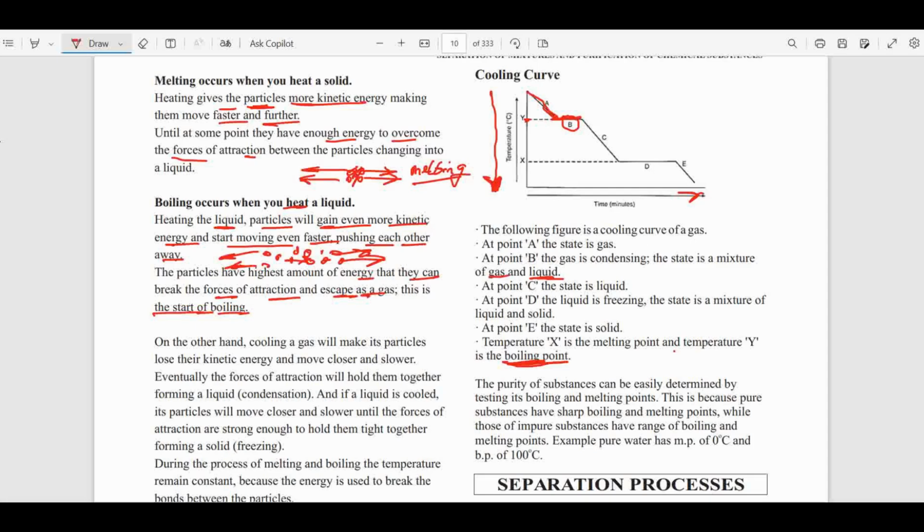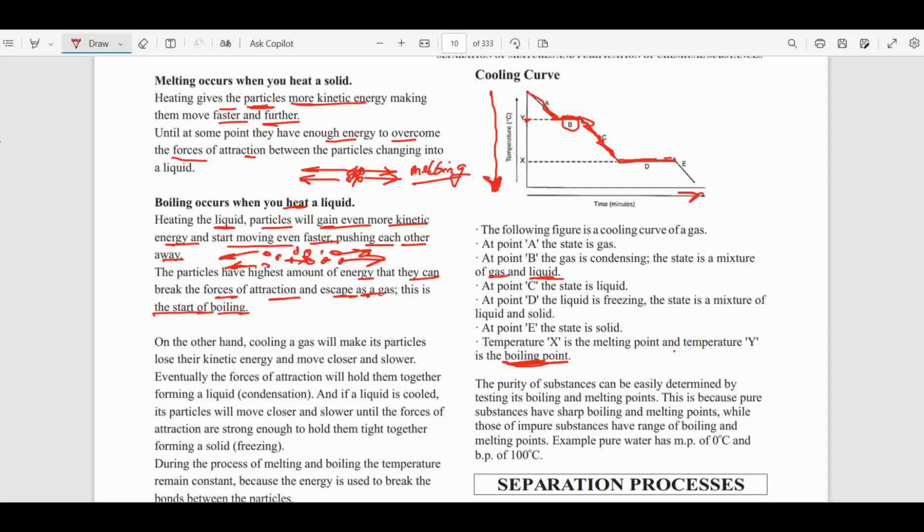Then as the temperature continues to reduce, you have the liquid remaining alone at this point. So you will have a pure amount of liquid here. This is totally a liquid state at point C. And then you get to a point again where the temperature remains constant over time.